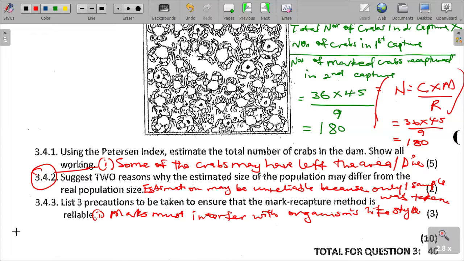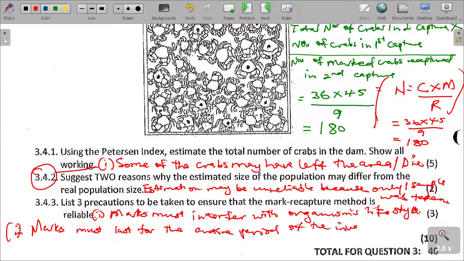And also we can say that the marks must last for the entire period of the investigation.